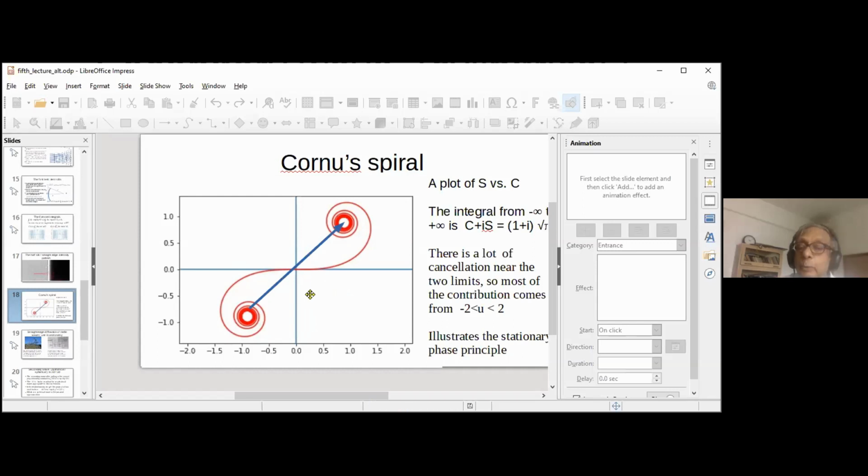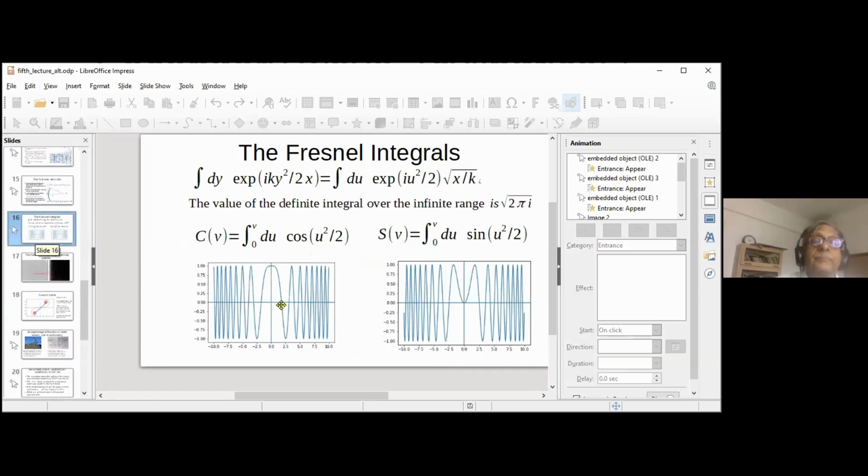So let me go to the previous one, I think that will illustrate that. Yeah. So the integrand is cos of u squared by 2 plus i sine of u squared by 2. Now you notice that these functions vary slowly near u equal to 0. And the reason why it's varying slowly is that u squared itself is varying slowly. If you draw a graph of u squared, it's a parabola.